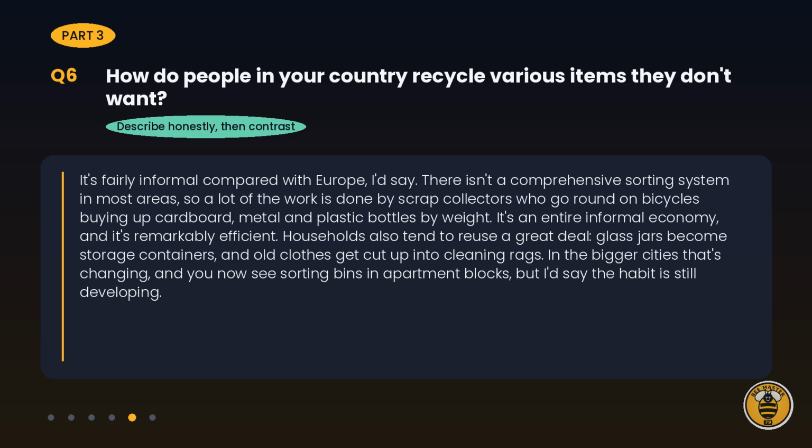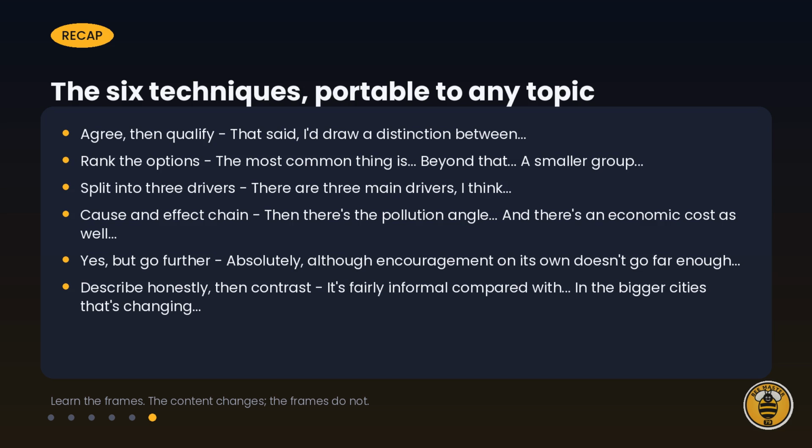Households also tend to reuse a great deal. Glass jars become storage containers, and old clothes get cut up into cleaning rags. In the bigger cities, that's changing, and you now see sorting bins in apartment blocks, but I'd say the habit is still developing. Those are the 6 techniques, and none of them are tied to this topic.